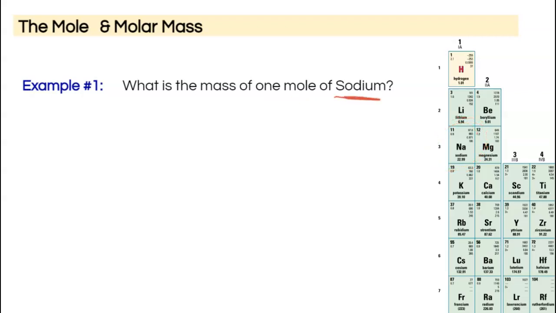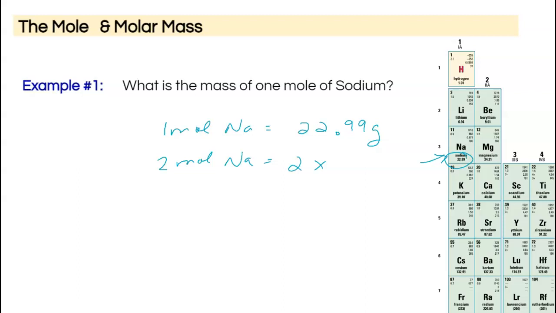Since I'm talking about sodium, I can see very clearly from the periodic table that sodium has an atomic mass of 22.99 atomic mass units, which means that 1 mole of sodium is going to have a mass of 22.99 grams. Exactly.